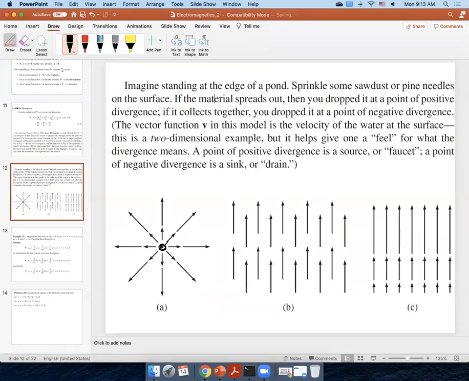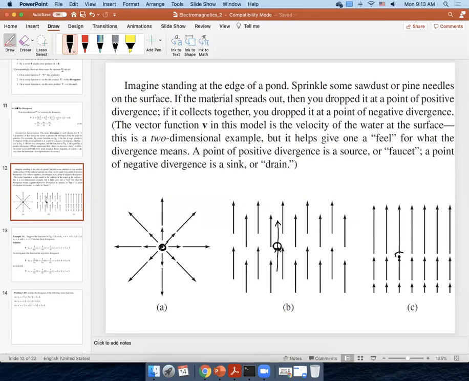So there are vectors going out. That means the divergence at this point is positive. Let's consider another point, let's say here. You will see some vectors point out and some other vectors point in, and the vectors flowing out and flowing in are of the same magnitude. So the divergence is 0.